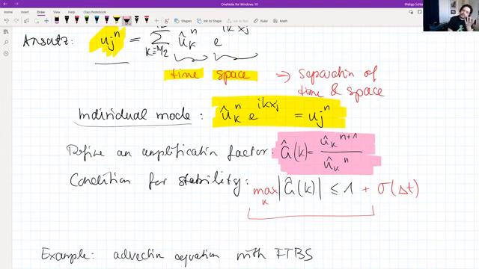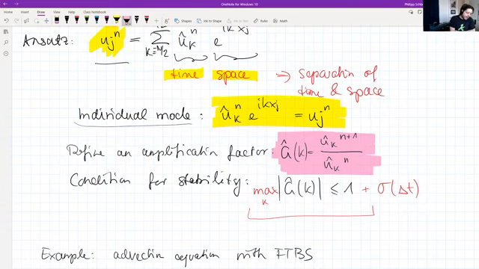And that is, of course, very similar to what we did for the ODE, when we also said from one time to the next time, we allow a specific growth to happen. So this is just now written in spectral space for each wave number k independently. So this is the amplification factor.